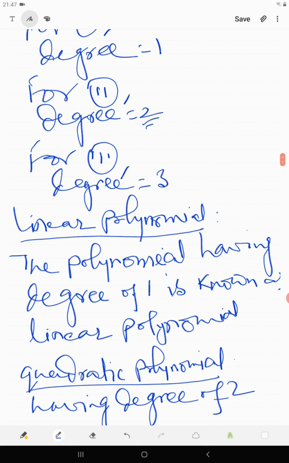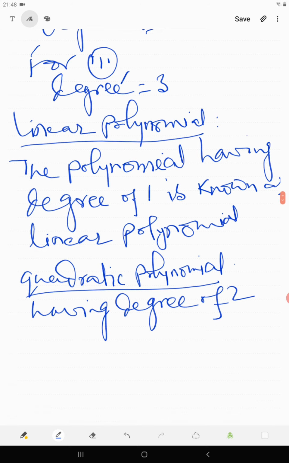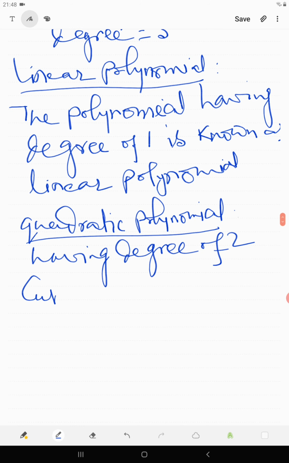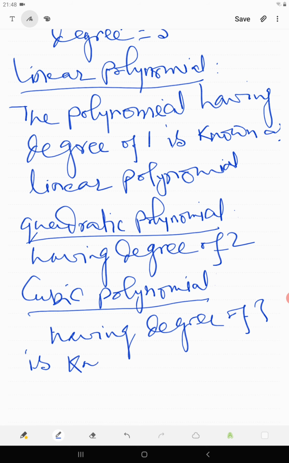Okay. Now what is a cubic polynomial? From the naming you can easily understand, having degree 3. A polynomial having degree 3 is known as a cubic polynomial.